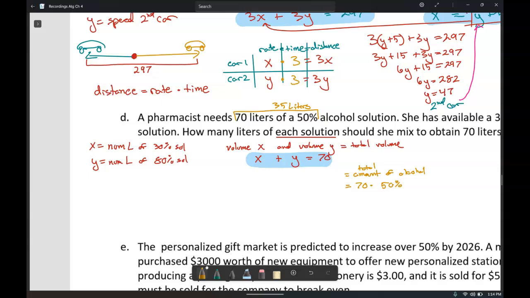So to figure out how much alcohol is in each other mixture, the 30% solution and the 80% solution, we do something very similar. We look at, okay, well, the volume of X is only 30% alcohol.